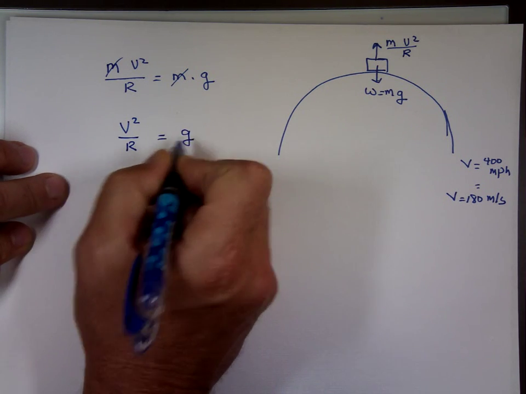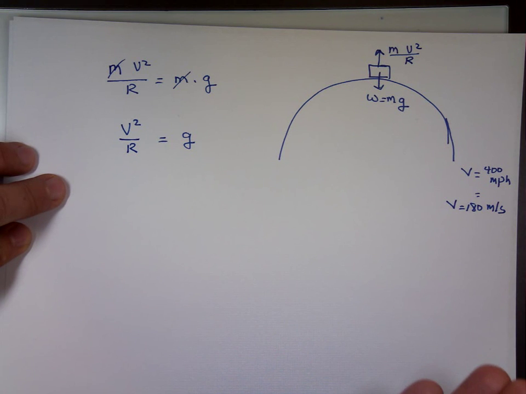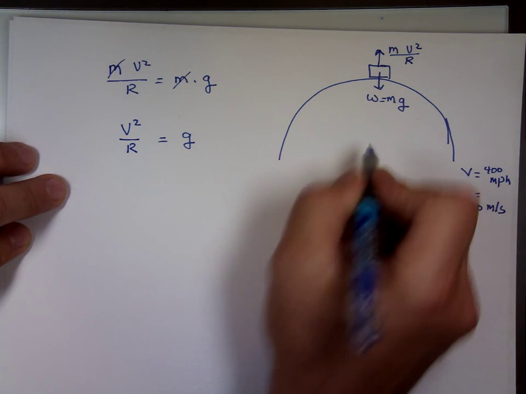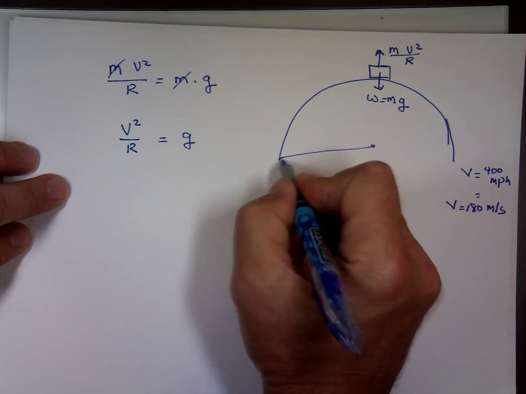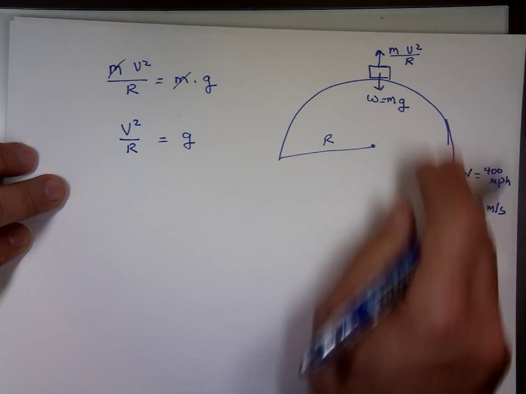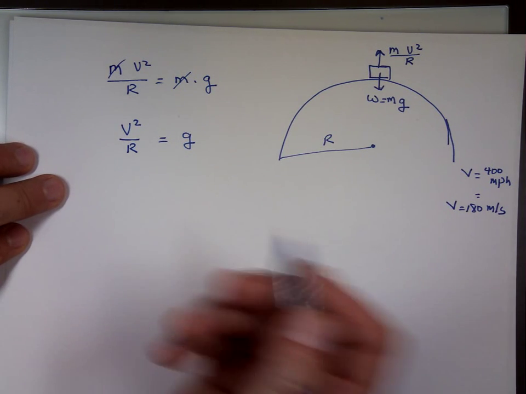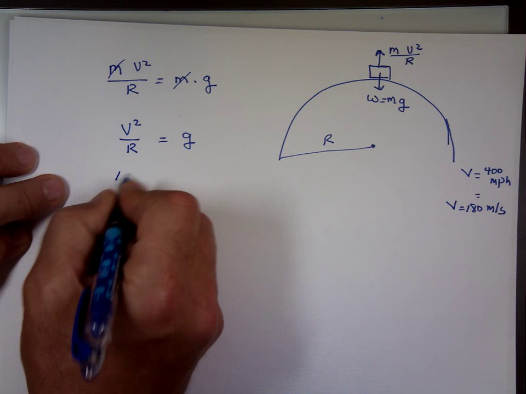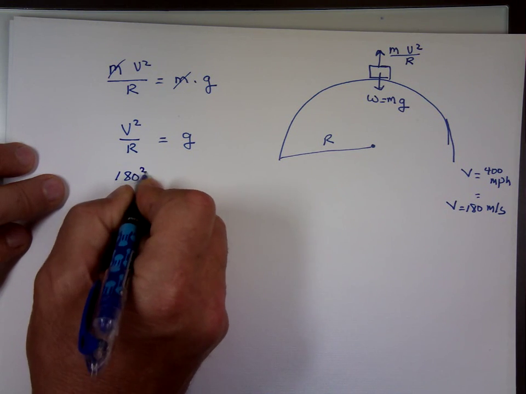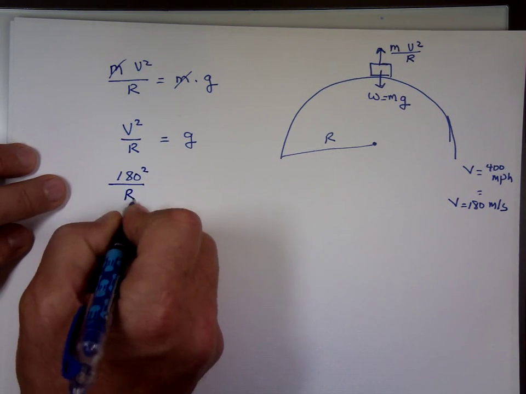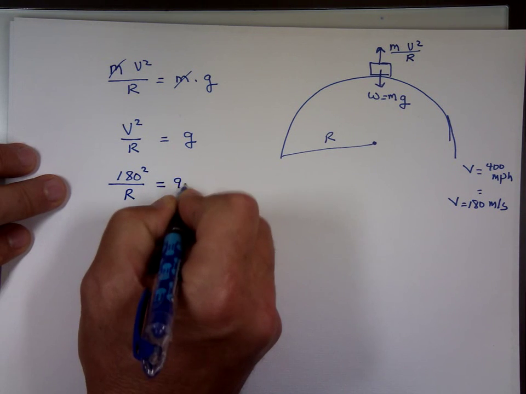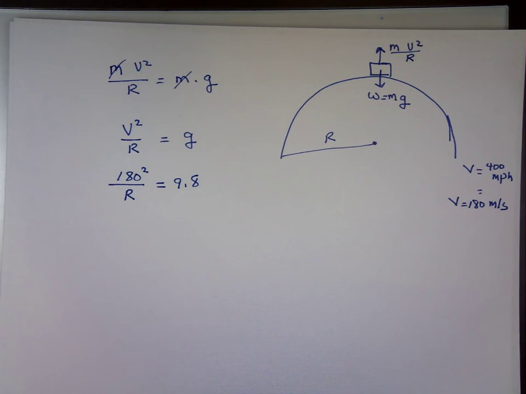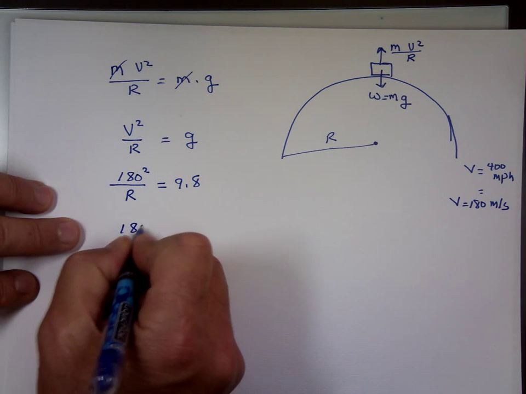Before they go up there, they know what the speed is. The next thing they have to calculate is the radius of that turn. So what should r be? Let's do the math. V is 180 meters per second. Square that, divided by r, equals 9.8. 180 squared equals 9.8 r.